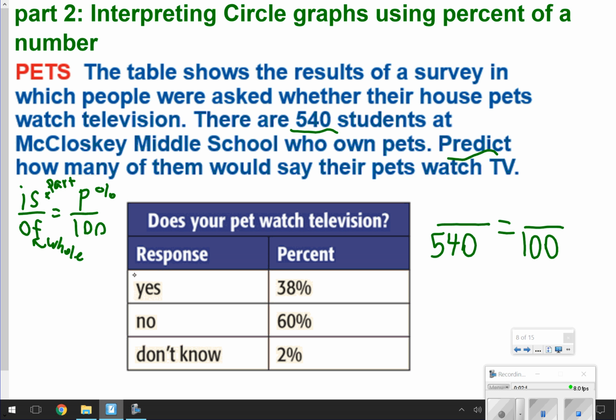I know that 38% say the pets will watch TV, so I'm going to use this percent because it's saying yes, watching TV. That 38% is going to go over the 100 because all percents are out of 100, which means I'm trying to solve for the part.